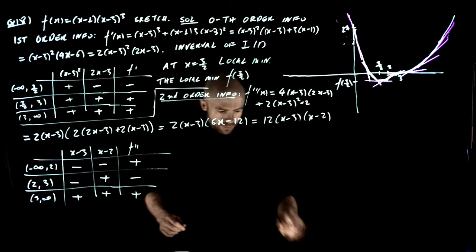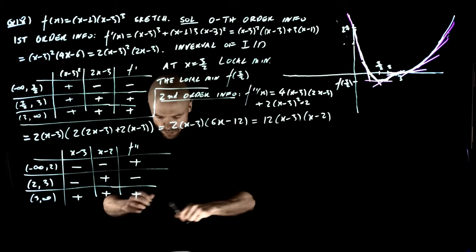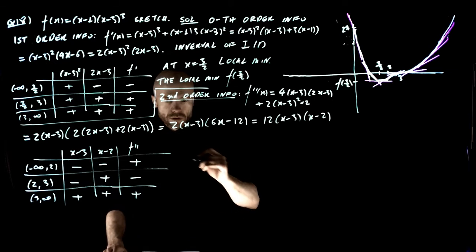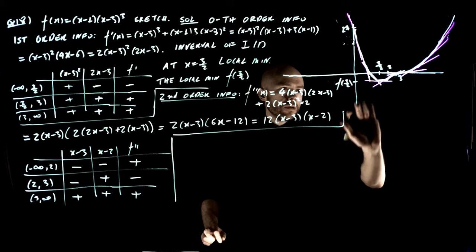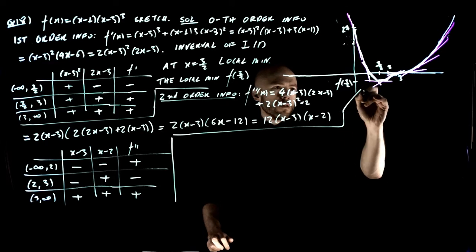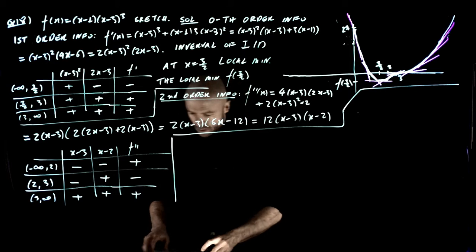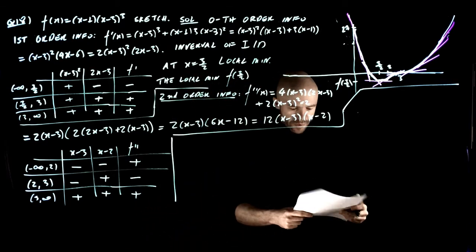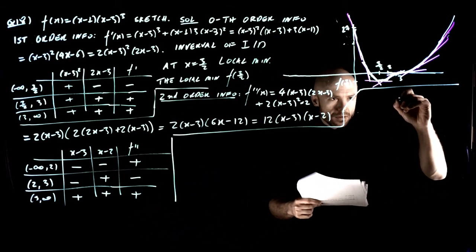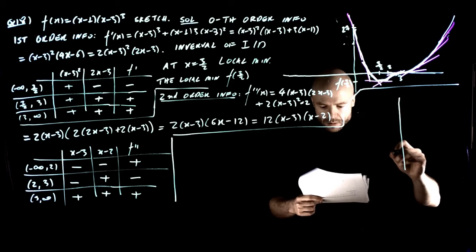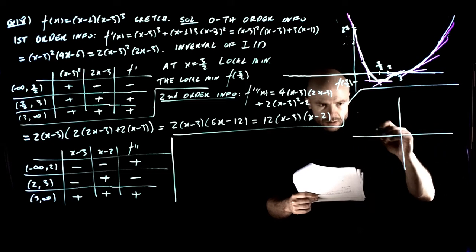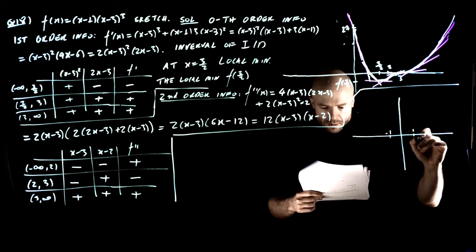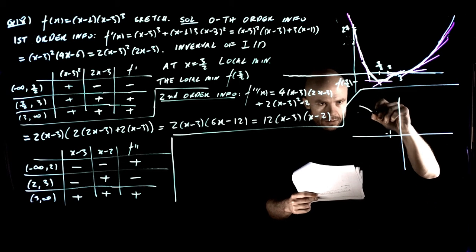Question 11. So we have a picture right here. This is -1, this is 1, and the picture does something like this.